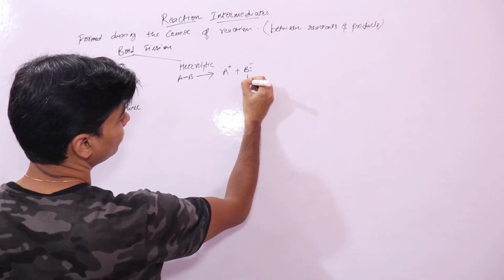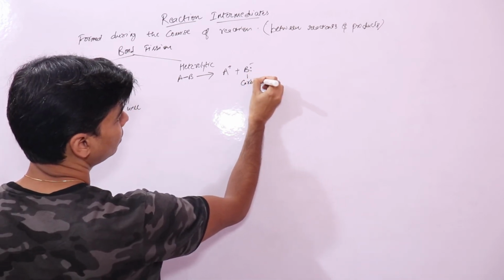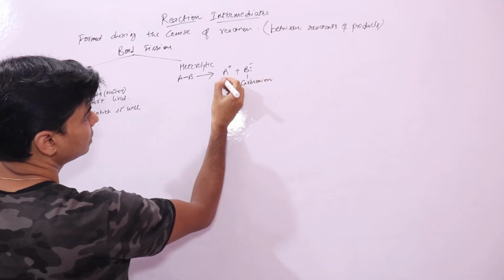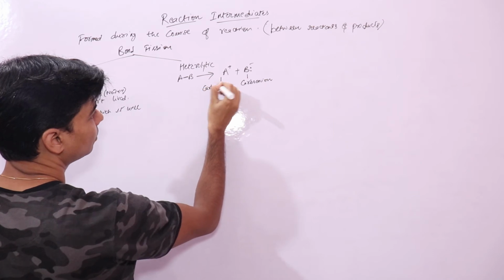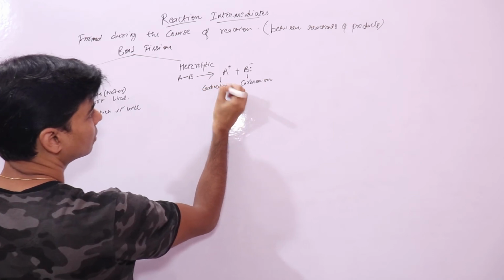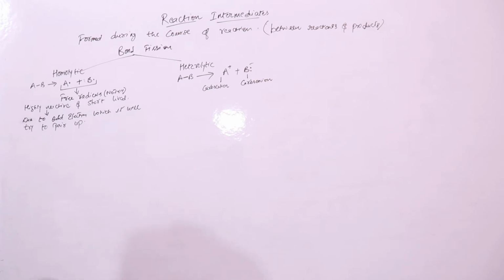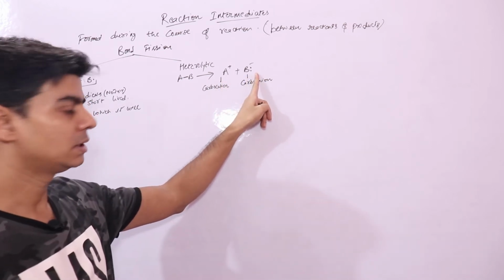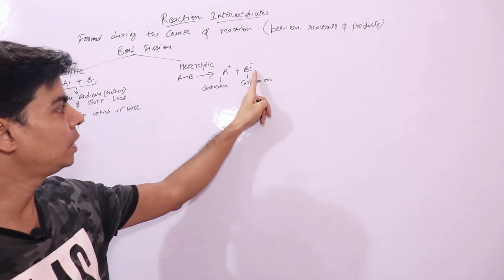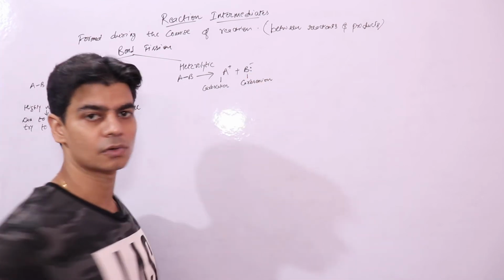In organic chemistry, we will call it a carbanion, and this is positively charged, so we call it a carbocation, right? Now carbocation is short of electrons and carbanion has excess of electrons, so it has a pair of electrons.